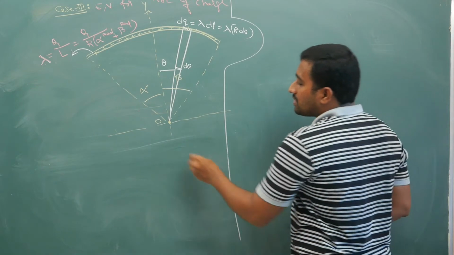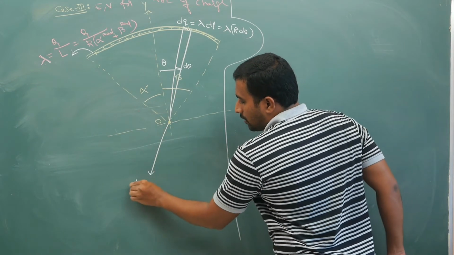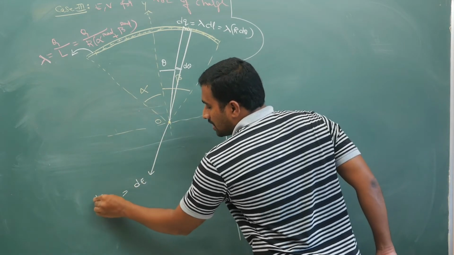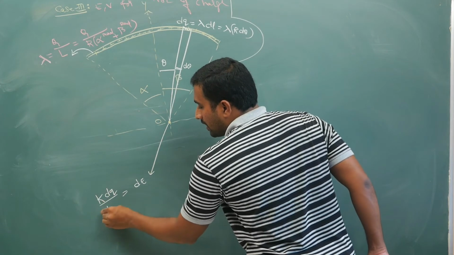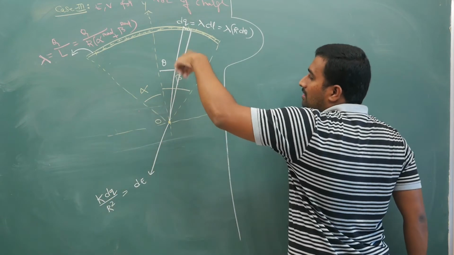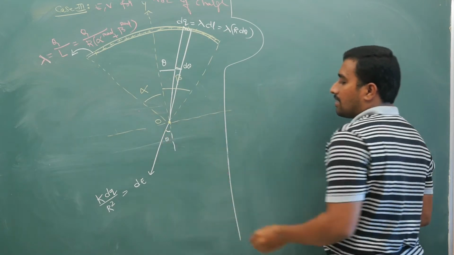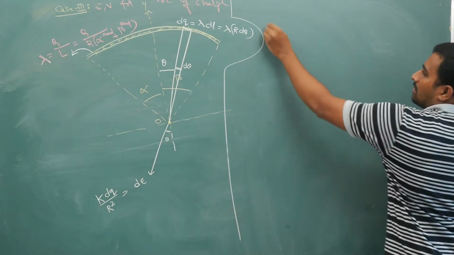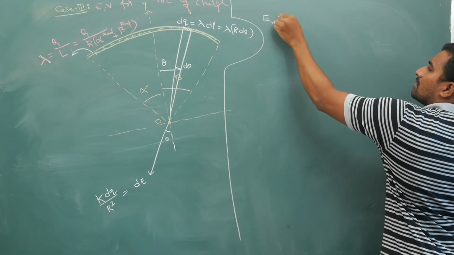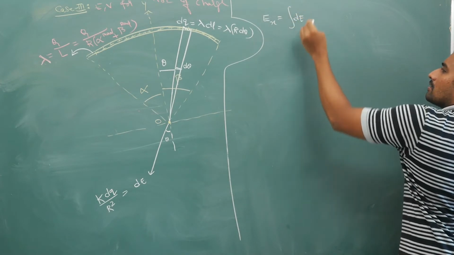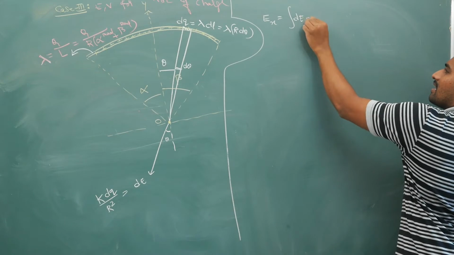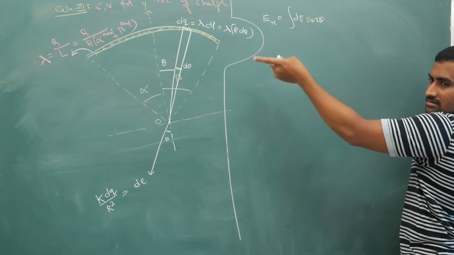So if this angle is theta, your small electric field is dE equal to k times dq by radius r square, because all these strips are at a distance of radius r. Now here your Ex is the integral of dE sin theta, same as the previous part.